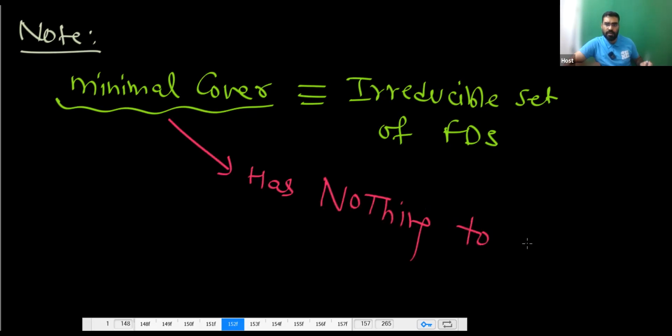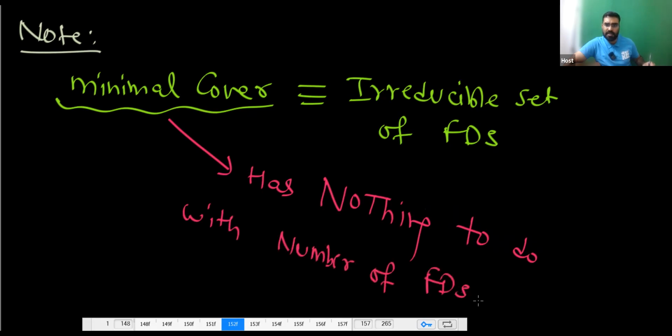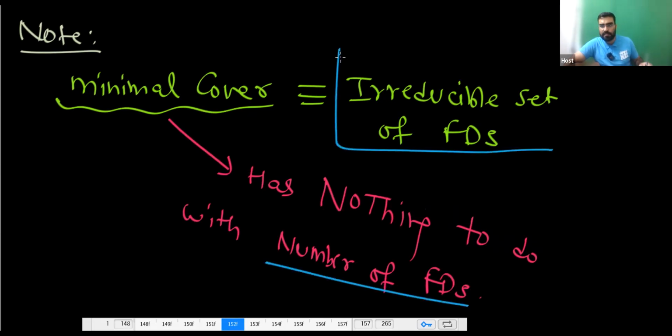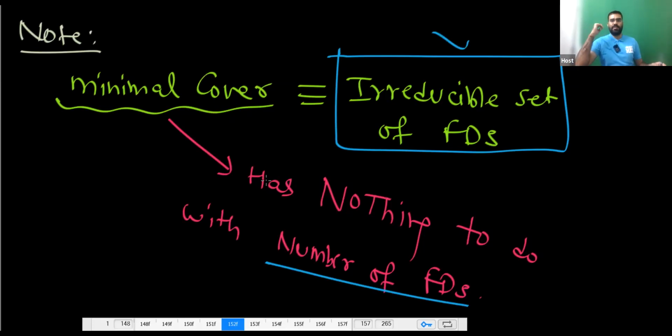Yes or no? So the number of FDs does not matter. The only thing that matters is this: an irreducible set of FDs. Is this clear? Tell me.